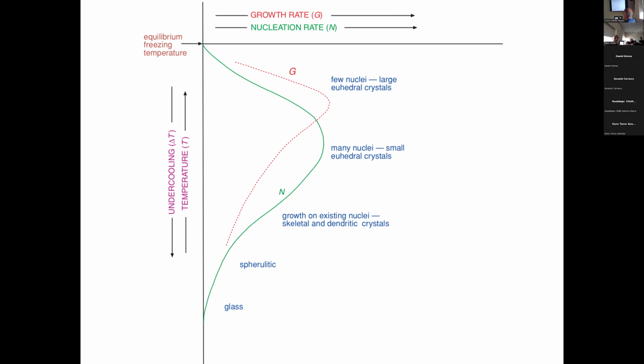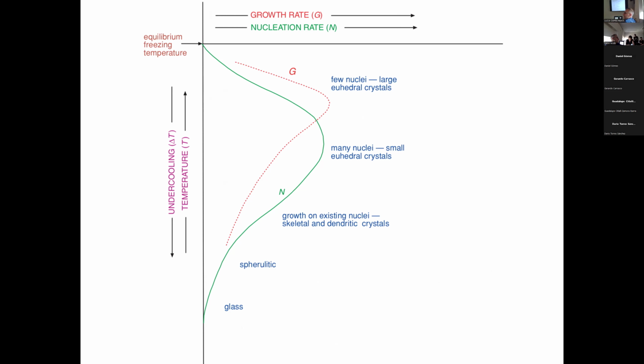If I increase to intermediate undercooling, we will have more nuclei, and the shapes can be transformed into more skeletal, and at very large undercooling, you have spherulitic textures, up to a certain point where you have just lost because your undercooling is too large.